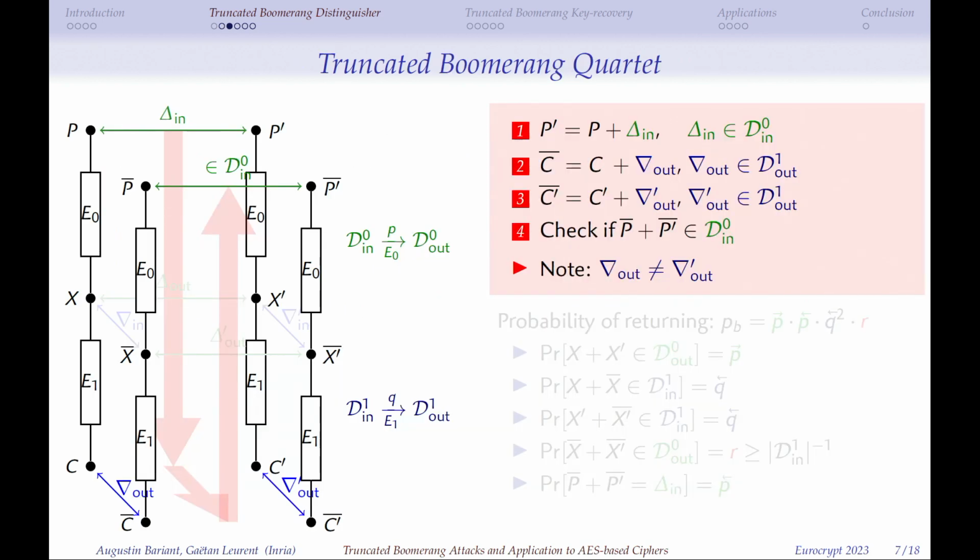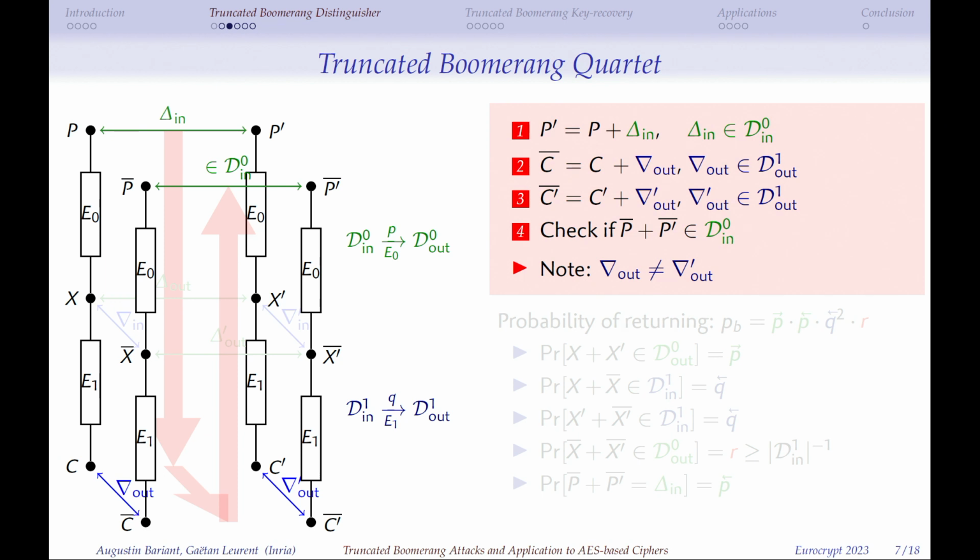So how can you use this in a boomerang attack? It's very similar to the boomerang with normal differentials, but now everything is truncated differentials. You start with a pair of plaintexts with a difference delta in, but we don't fix this difference delta in. We can pick any difference in the set of good differences. Then we encrypt them, we shift the ciphertext, and again, we don't shift by a fixed value.